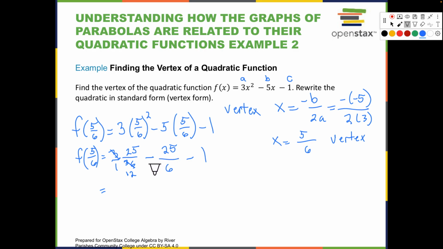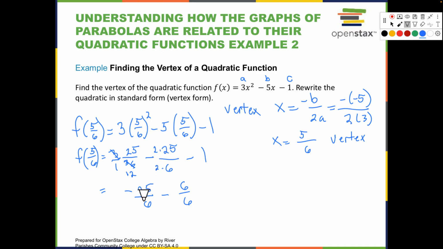It's not going to be nice decimals. If we got a denominator of 12, we could turn this into 12 by multiplying by 2 over 2. So we get 25 minus 50, which will give us negative 25 over 12, minus 1.